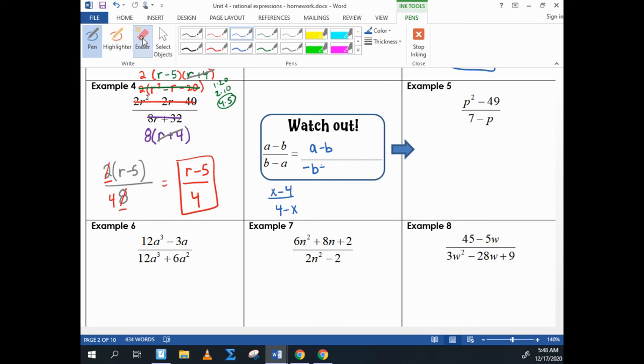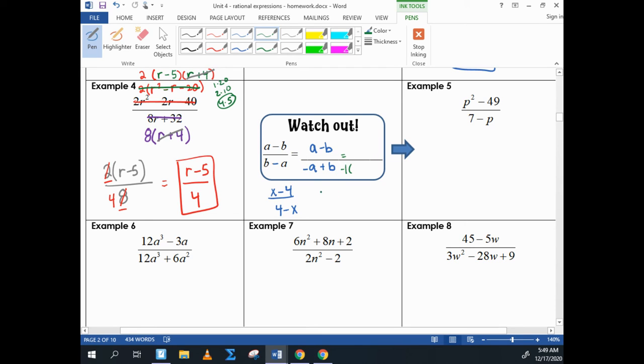Oops, sorry. We're not trying to change signs. We're trying to write the a first. That's what I'm trying to do. So notice my a is negative, so I've got a negative a plus b. Now, in order for these to cancel out, they've got to be the exact same. However, we can write them the same if, look at your denominator, we factor out a negative 1 here.